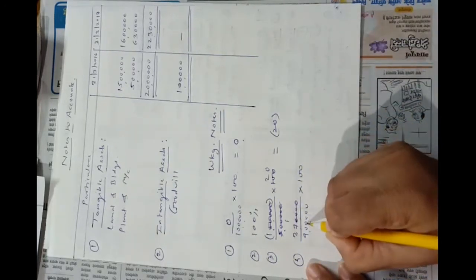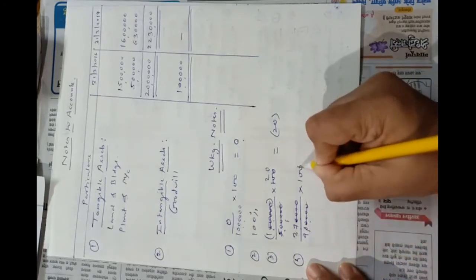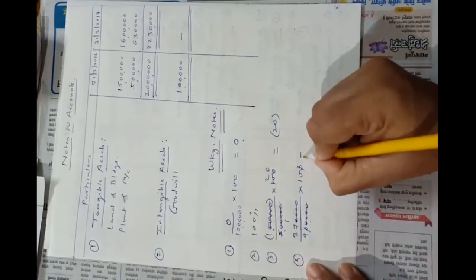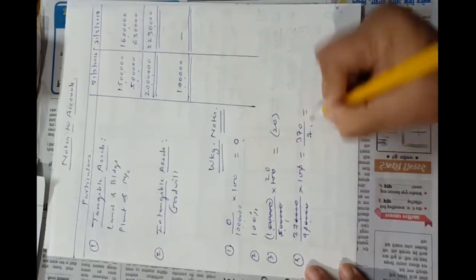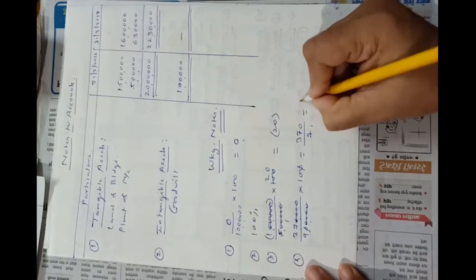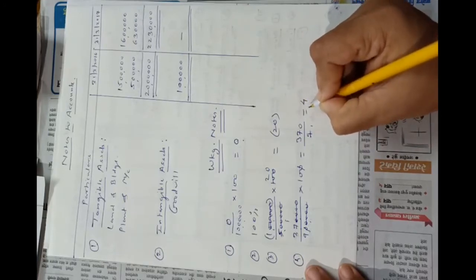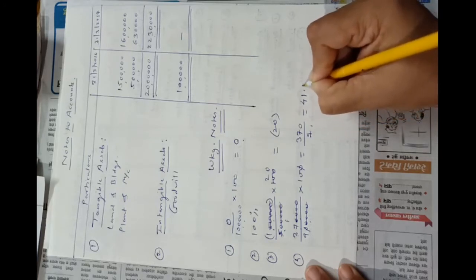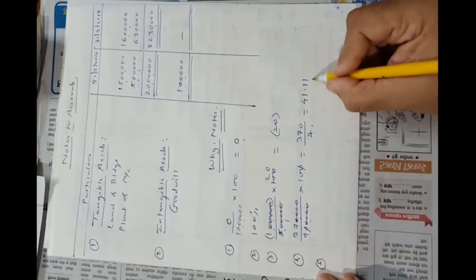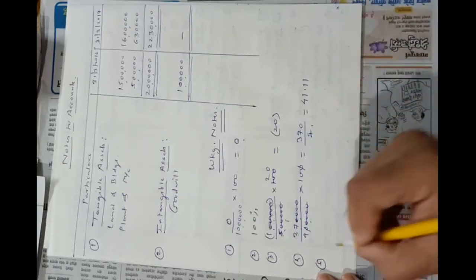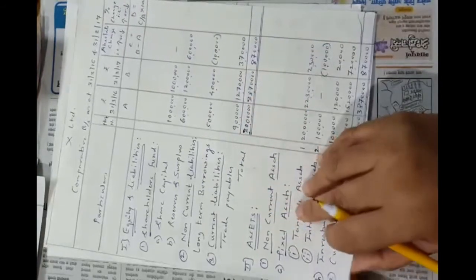So 4 zeros cancel against 4 zeros. 370 upon 9, it will be 41.11 percent. Okay. Now 5. Calculation up to two digits is necessary. Fifth, next, this is the percentage of trade payables.